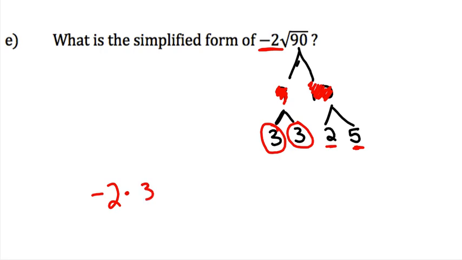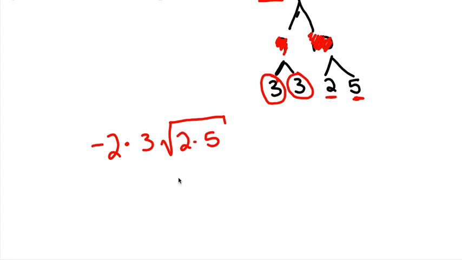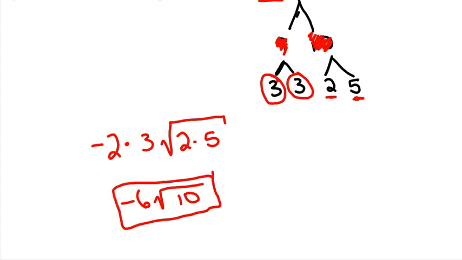So times 3, and then square root, whatever does not have a pair gets multiplied back together and left under the square root. So 2 times 5, they did not have a pair, so they stay underneath the square root. So let's multiply. -2 times 3 is -6. Square root of 2 times 5 is 10. So there is your final answer for this example.